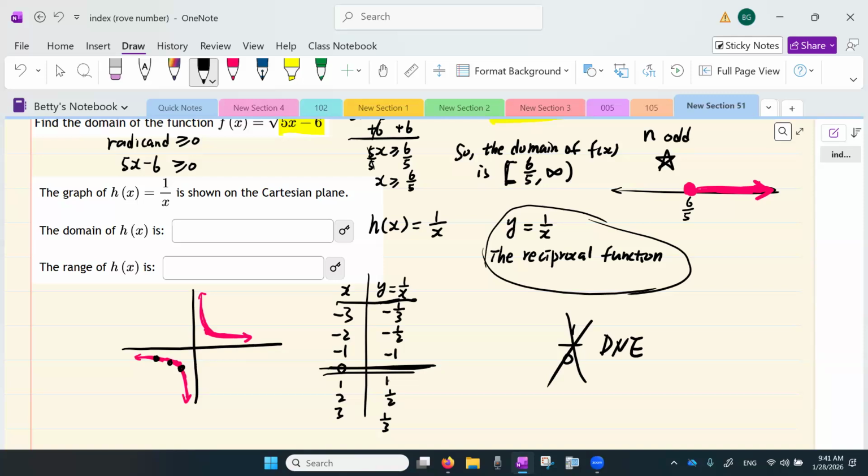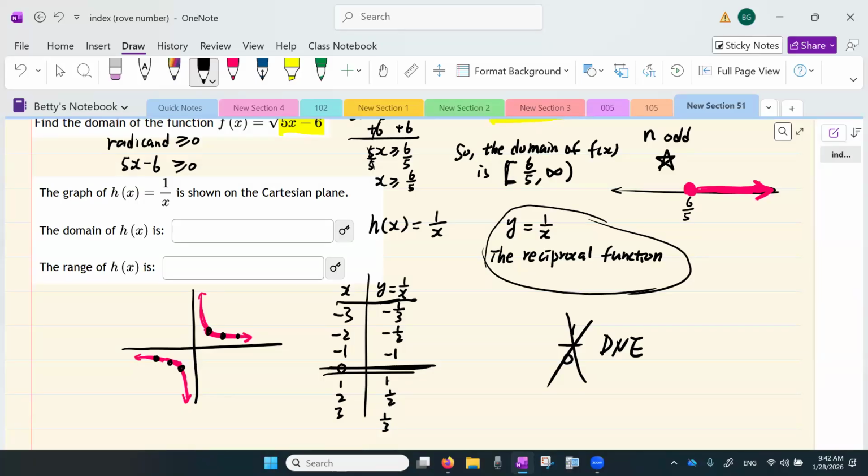You can find more points; I only found a few here. And in quadrant 1, when x equals 1, y is 1, and then (2, 1/2), (3, 1/3). You can put in more points to make the shape of the graph clearer.